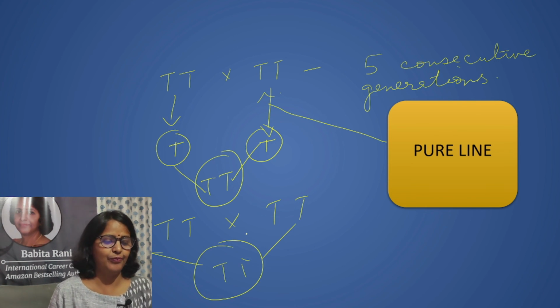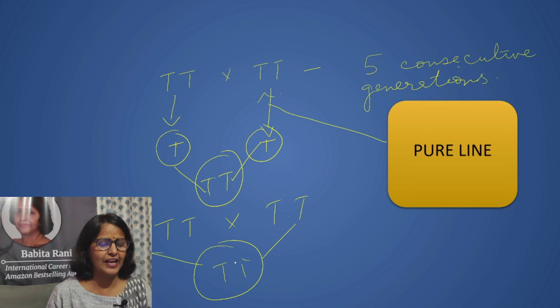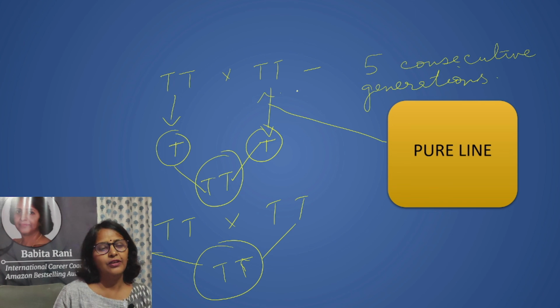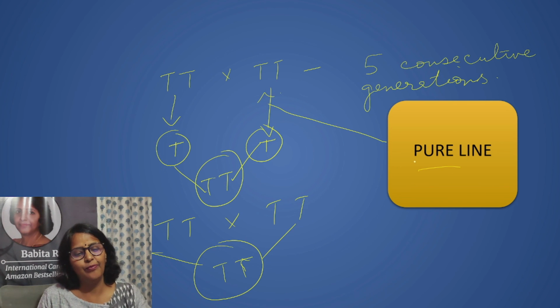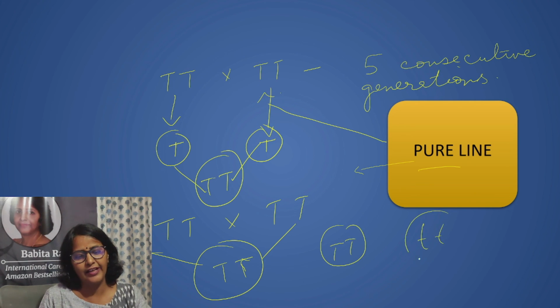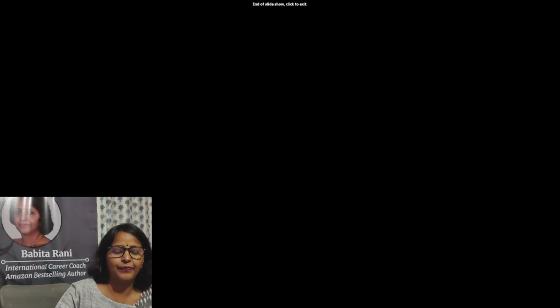So, if 2 plants are crossed for 5 successive generations to get plants which will produce the same type of characters one after the other, that kind of plant is known as pure line, and generally homozygous genes are obtained as pure lines, either capital T or small t. So this is pure line.